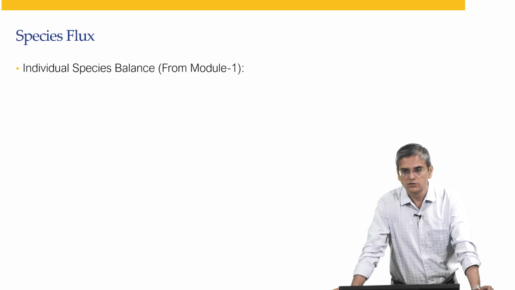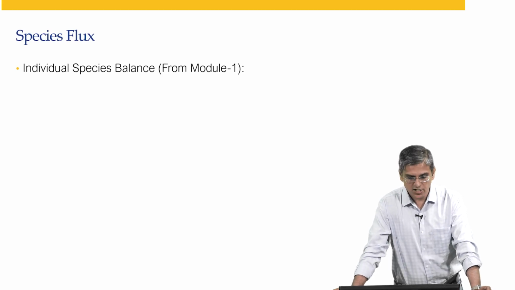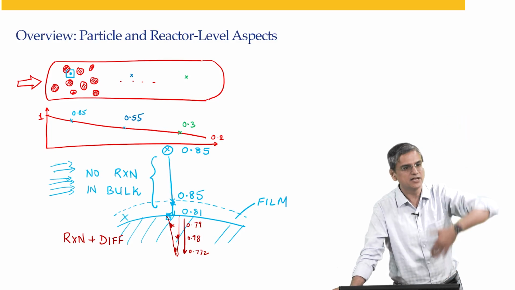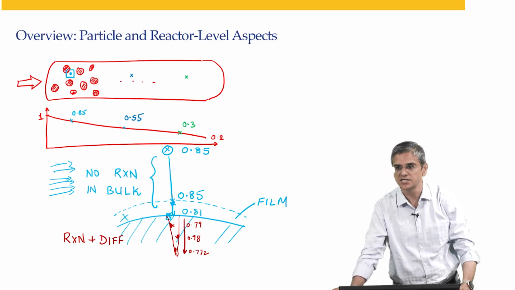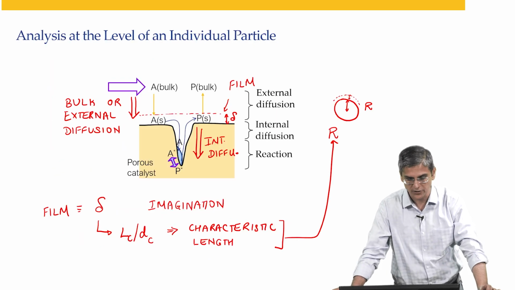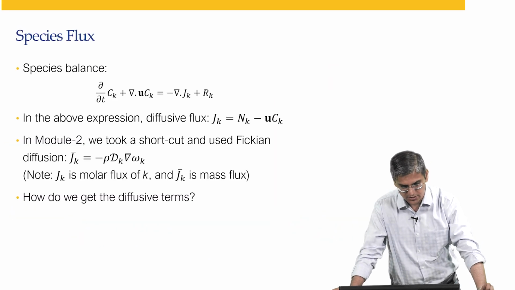So, that brings us to the idea of species flux. In this particular case, what I talked about, 100 minus 96, is the species flux. The species flux is the net flux, which is 4.04 in this particular case.